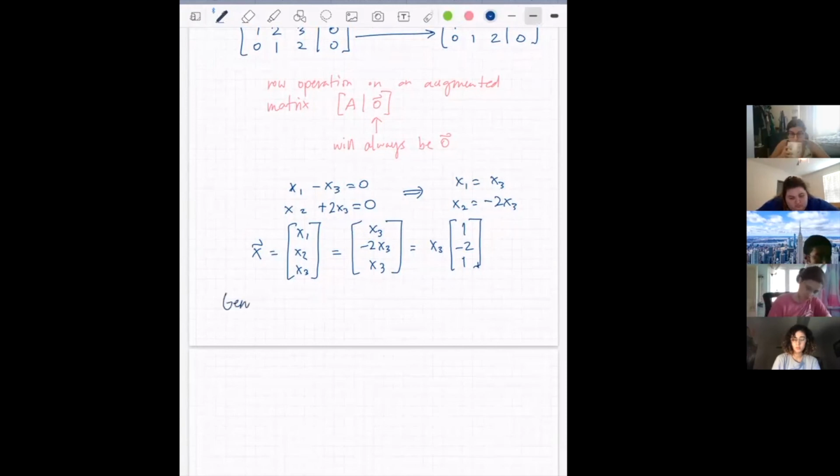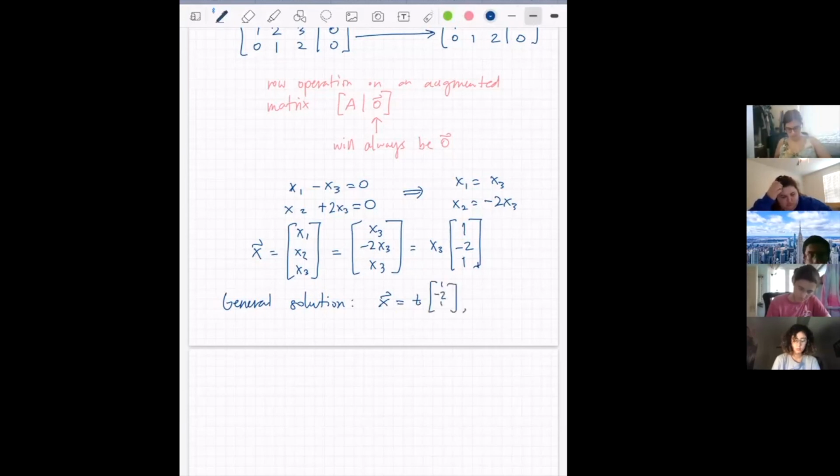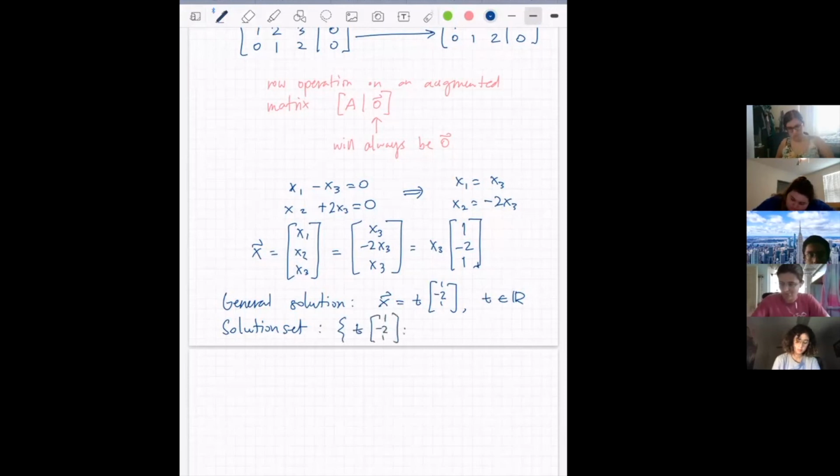Our general solution will be t times this vector, where t is a real number, and the solution set, we can write it out in a similar way, but it will just be the span of that one vector.